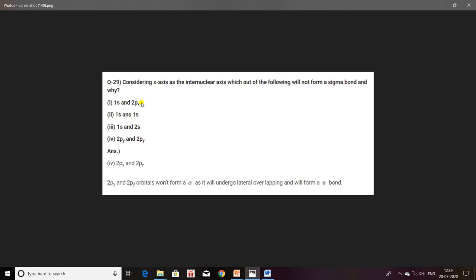Now 1s 2px, yes, it will form sigma bond. 1s will also form sigma bond. 1s and 2s will also form sigma bond. Here 2py and 2py. Here axis is different. So axis is y-axis. So there will be sideways overlapping. As there will be sideways overlapping, so there will be formation of pi bond, not sigma bond.